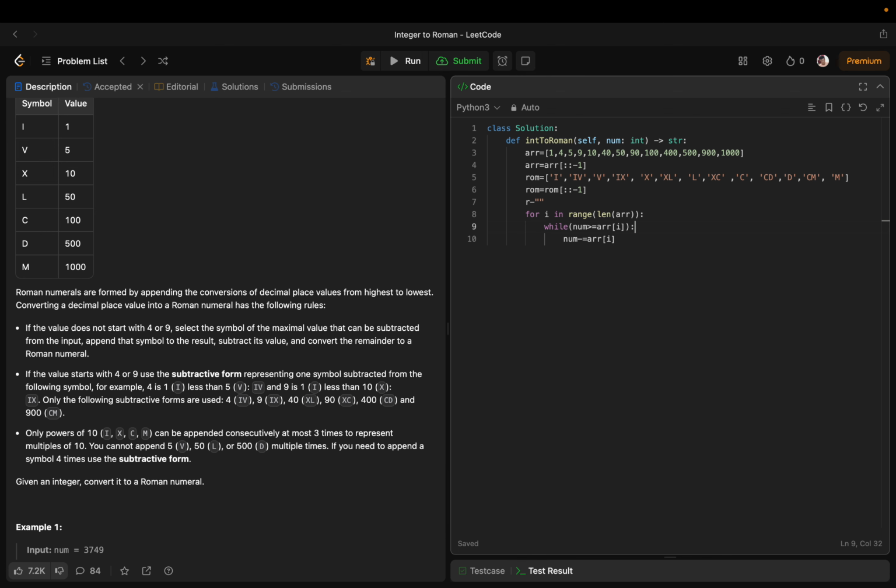And we will add the respective Roman number to it, which is rom of i, rom of arr of i.